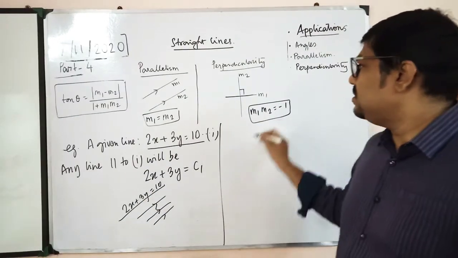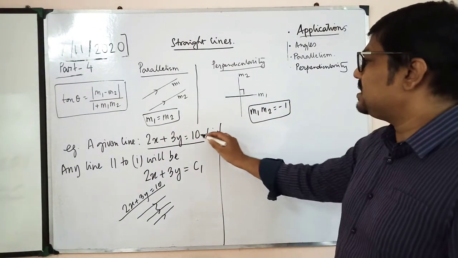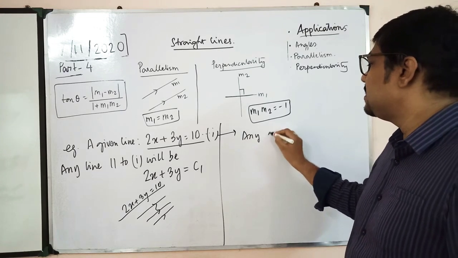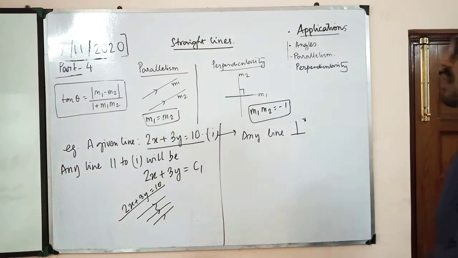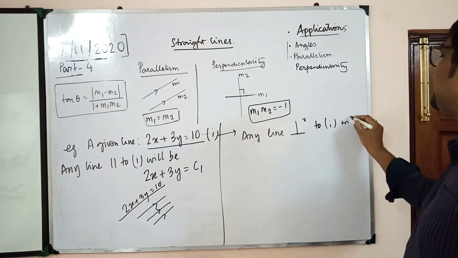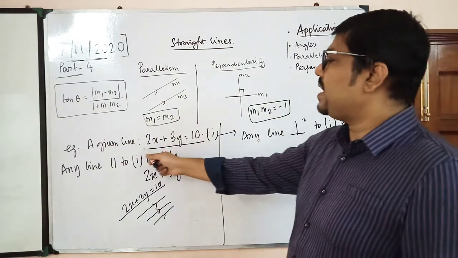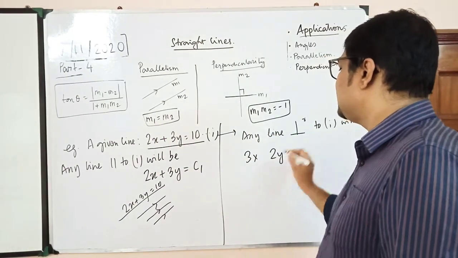Now coming to perpendicularity. Taking the same equation, any line perpendicular to this one will be, first, we swap the coefficients. We will write 3x and 2y.